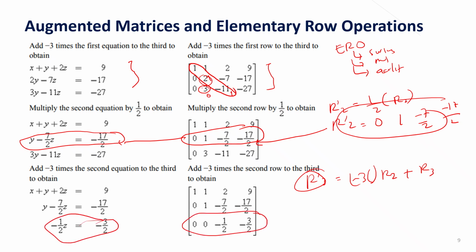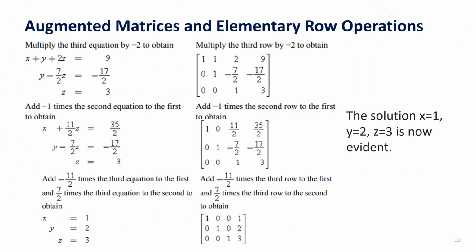And finally you just need to make this one become 1. So the new row 3 will be 2 minus 2 times the row 3. You will get the new one here.